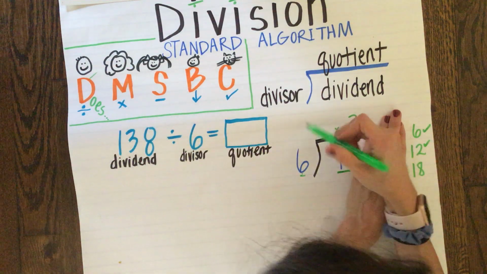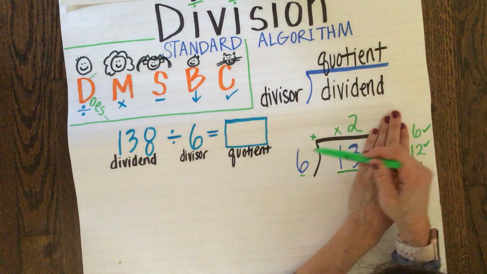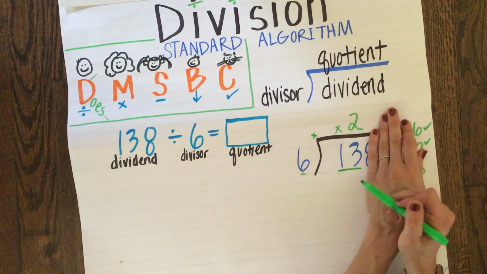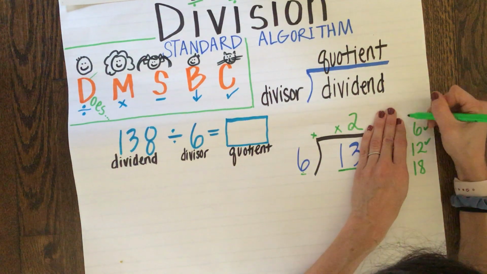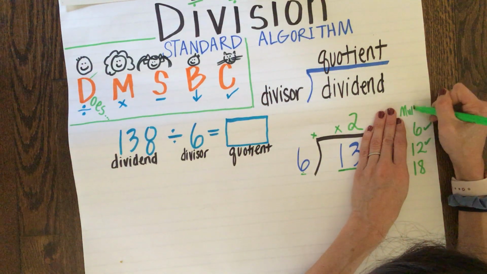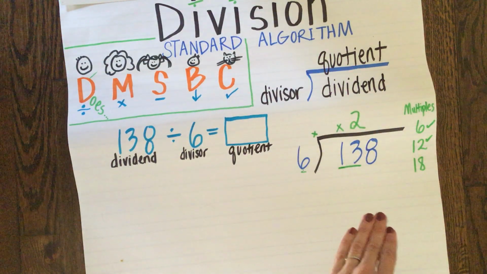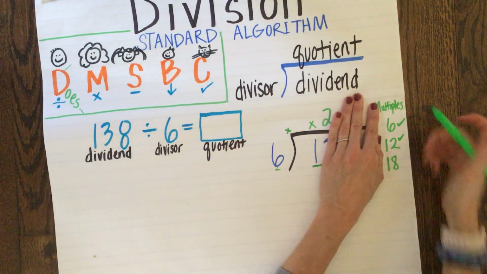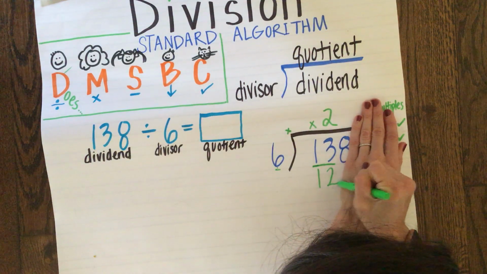multiply. I put the multiplication symbol here a lot. 2 times 6 is, well, when I do 2 times 6, what did I get? Sometimes if we write our list of multiples here, you can use it. 2 times 6 is 12.